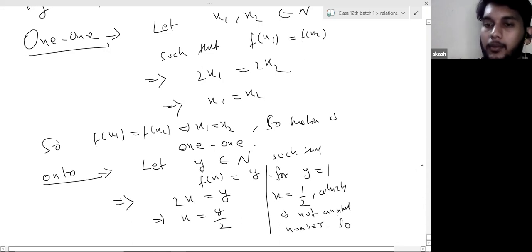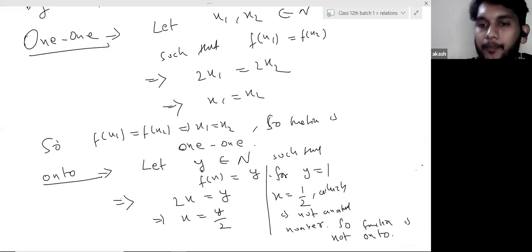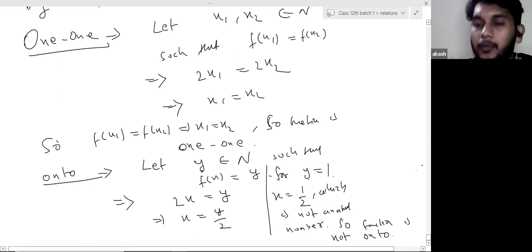So the function is not onto. Is it clear? For y equals 1, we are not getting any natural number x. We have to put x equals half to get y equals 1.